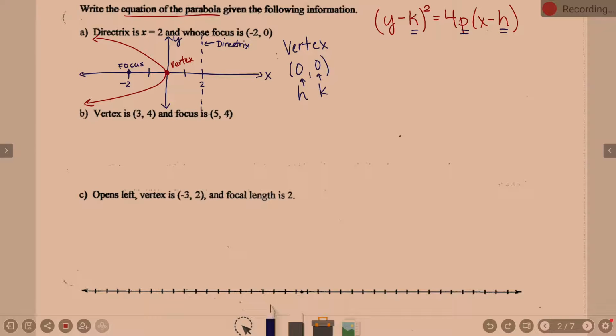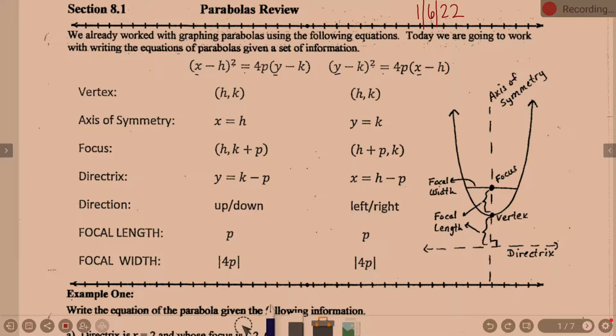We also need P. Now I've got a couple different ways I can help you find P. Okay, the focal length is P. And where is my focal length? It's the length from the focus to the vertex, or the vertex to the directrix, right?